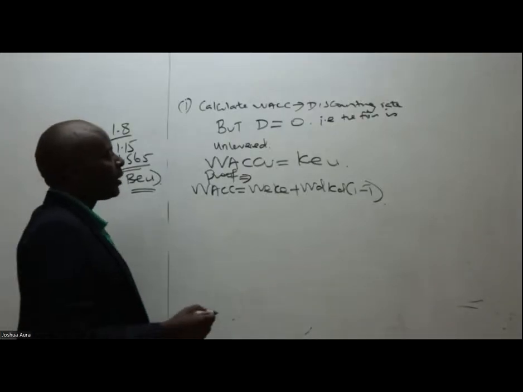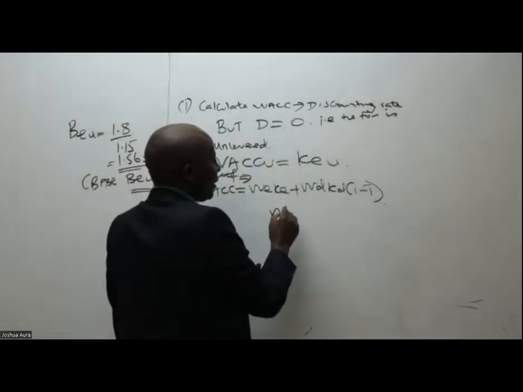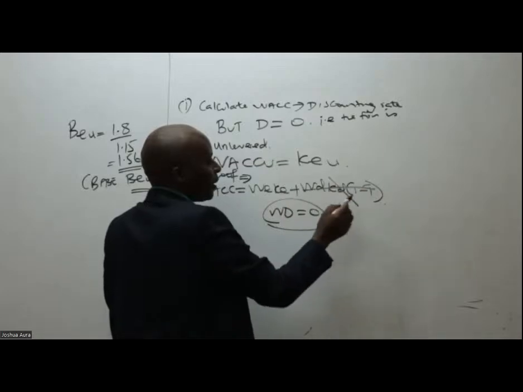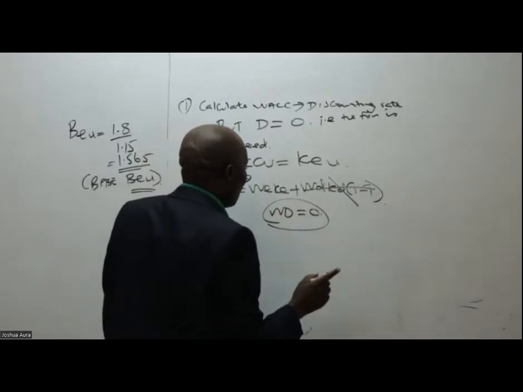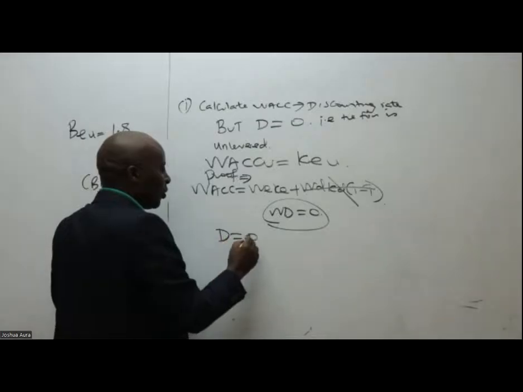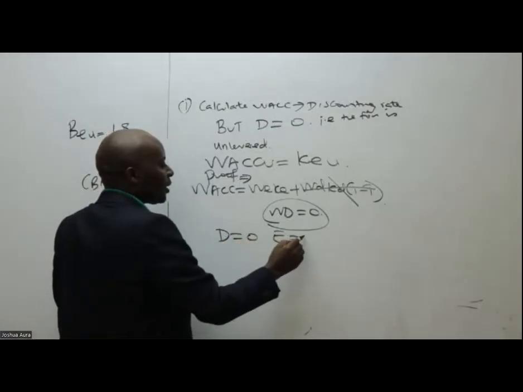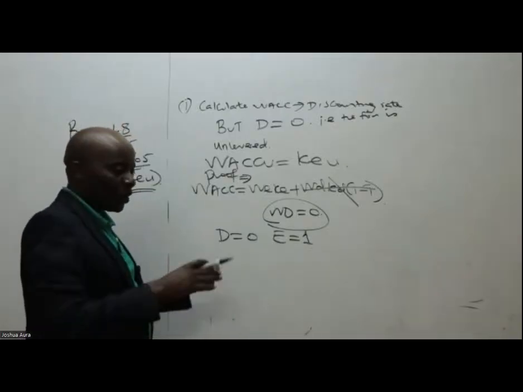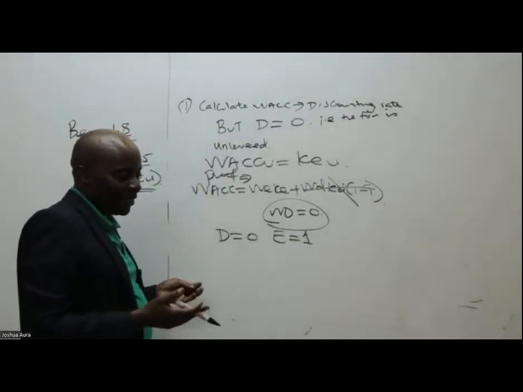So remember that if debt is 0, then automatically weight of debt will be 0. And if weight of debt is 0, this kills everything there. And the other thing you're supposed to know is that if debt is 0, then weight of equity will automatically be 1, because the two must always add up to 100%.